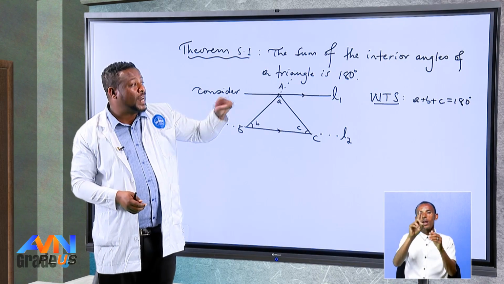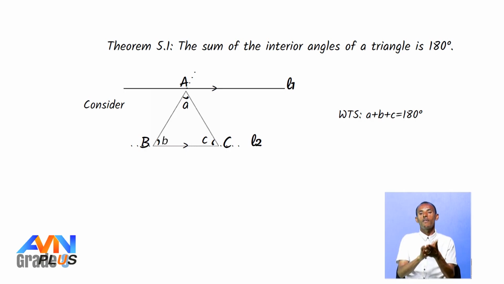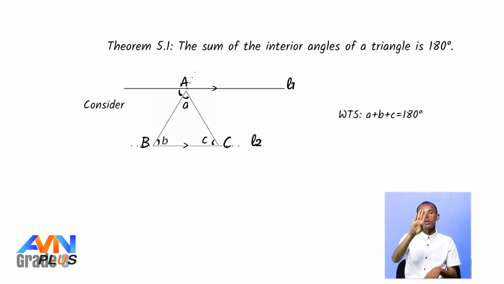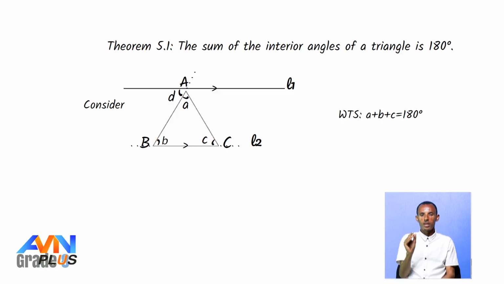To prove that, let us consider the angles between the line L1 and the triangle sides. Say that angle is D, and assume this other angle is E.